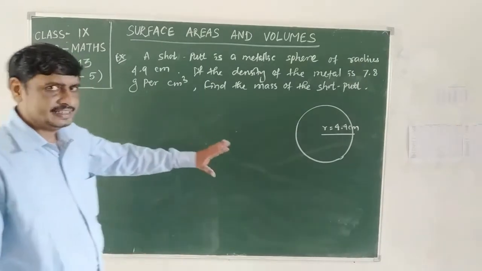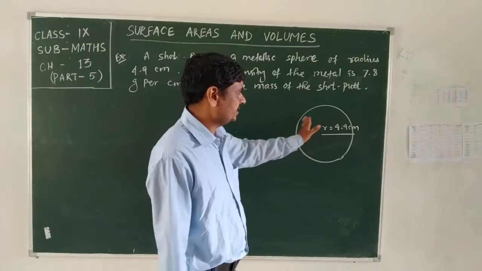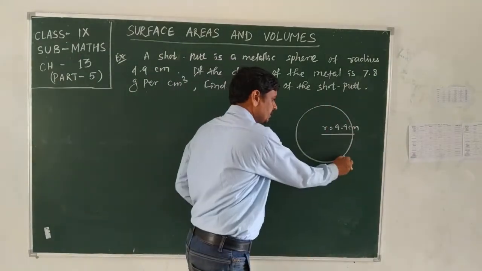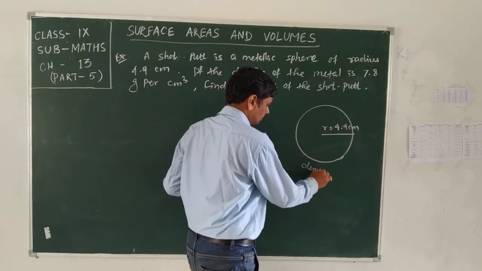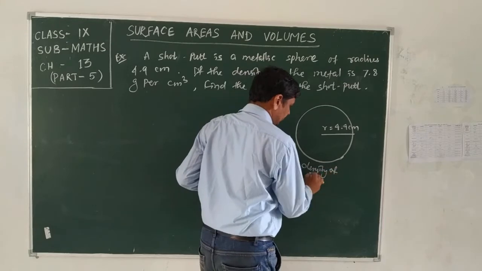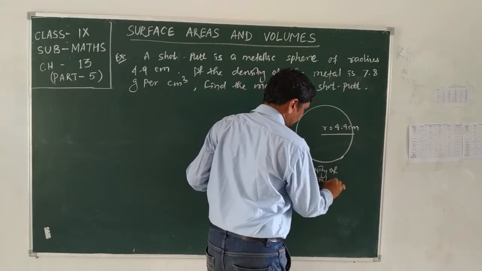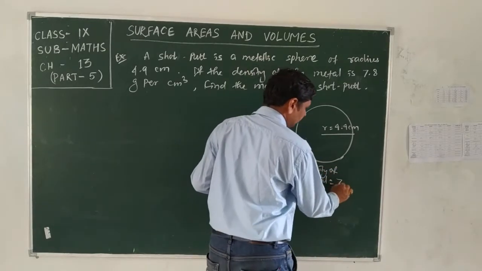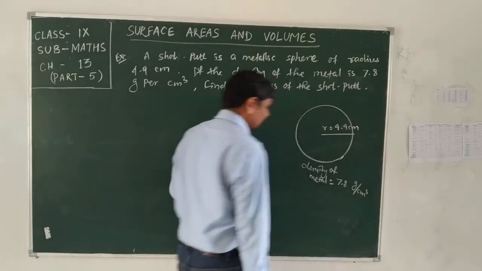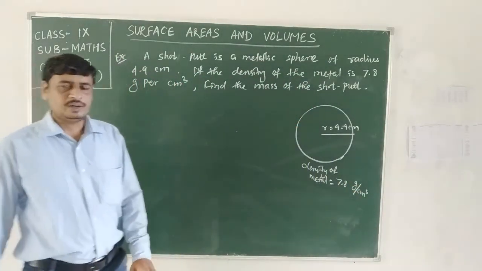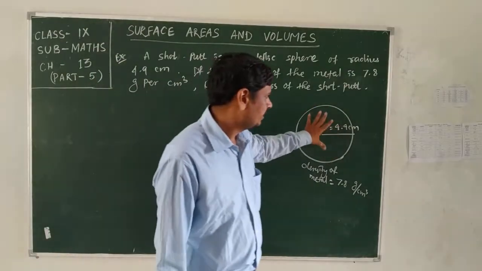And the density of metal, the metal which is used to make this circuit, density of metal is given as 7.8 gram per cm cube. We have to find what will be the mass of this circuit.